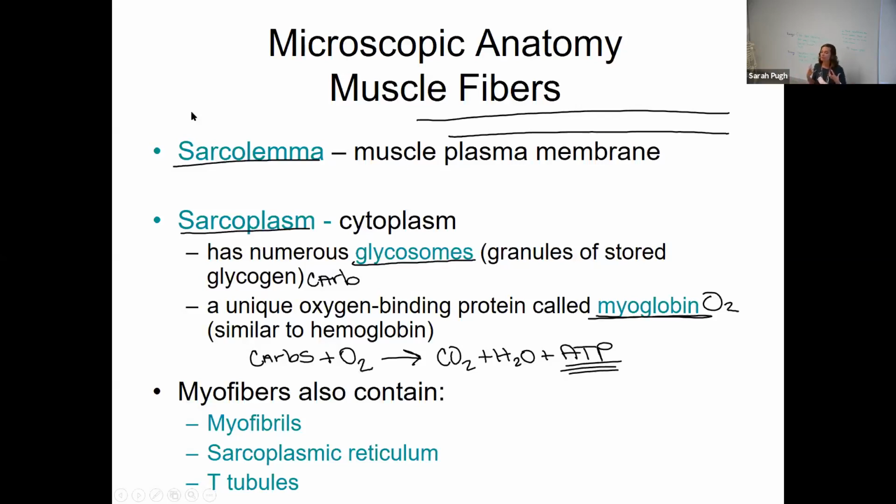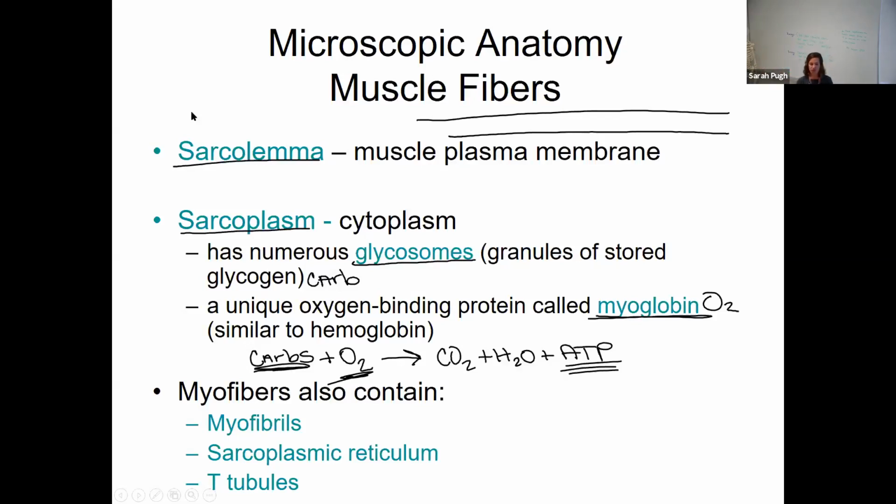So your muscles have a very heavy dependence on ATP. They need ATP. So it makes sense to me why now in your sarcoplasm, you have little vesicles that store carbs and little vesicles that store oxygen. You've got the two things right there that you need to make ATP, okay?